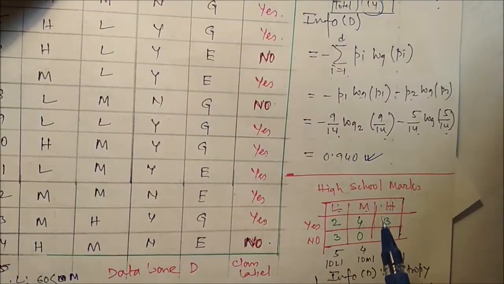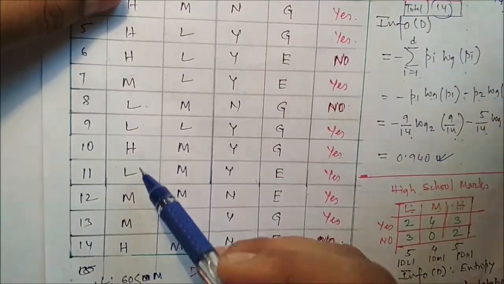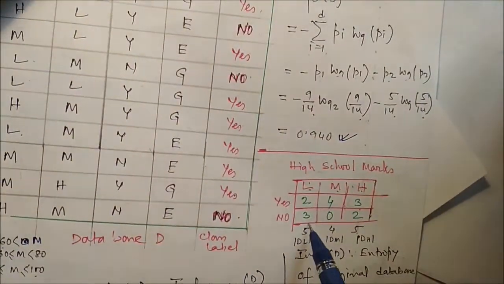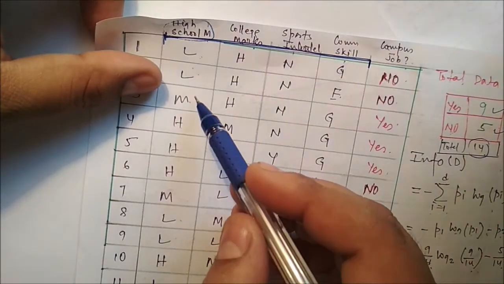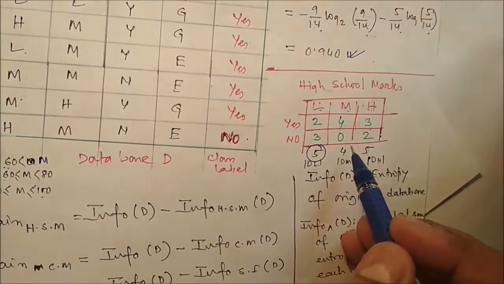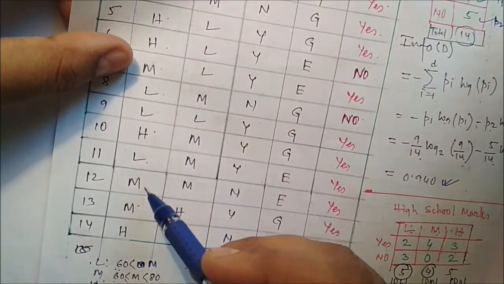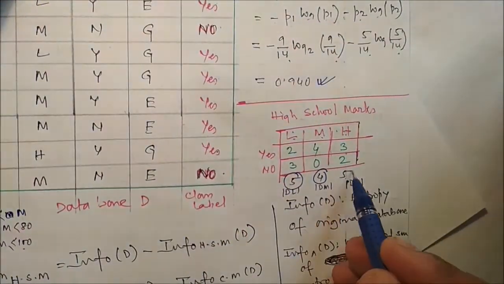How many lows are there? 1, 2, 3, 4, 5. So a total of 5 lows are there. How many mediums are there? 1, 2, 3, 4. So 4 mediums are there. How many highs are there? 1, 2, 3, 4 and 5. So 5 highs are there.